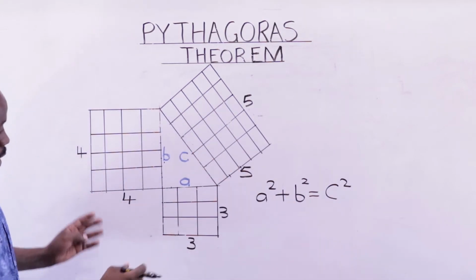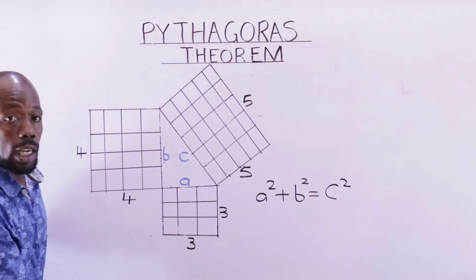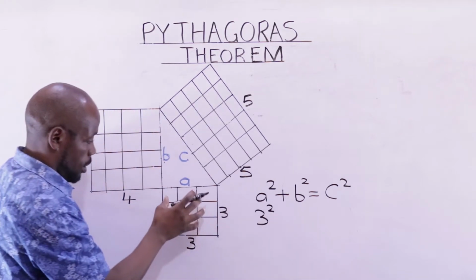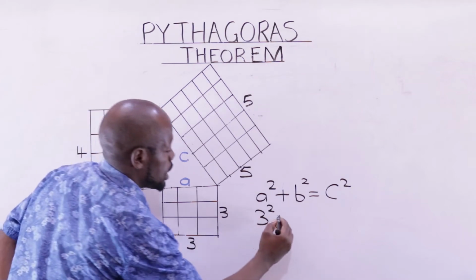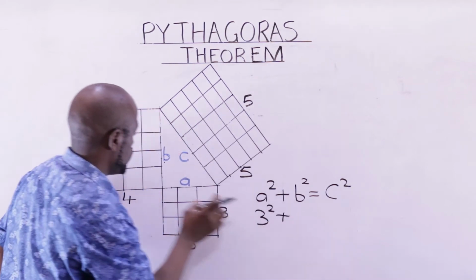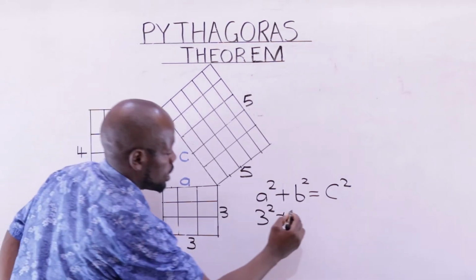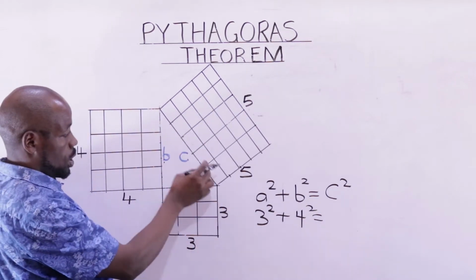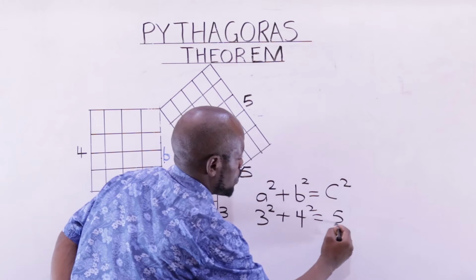And by the look of things, we can do this practically. So we'll say 3 squared, which represents our base, plus b squared, which is the height, 4 squared, should be equal to c squared, which is 5 squared.